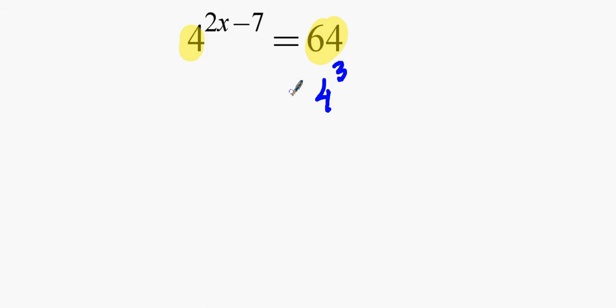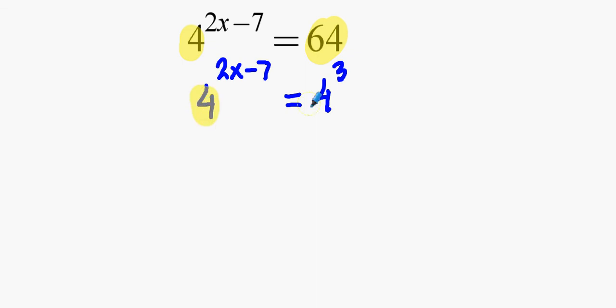Moving on. In this case, we could rewrite again. There are a few methods for how to do this, but we could look at number 4 and number 64. 64 can be written as 4 to the power of 3. And then we have 4 to the power of 2x minus 7.